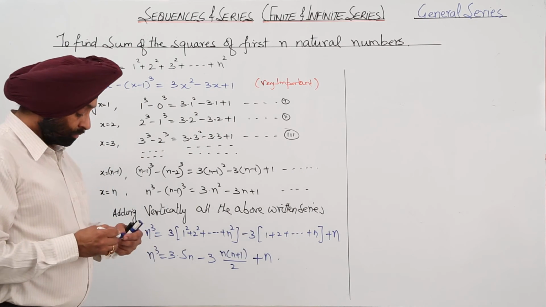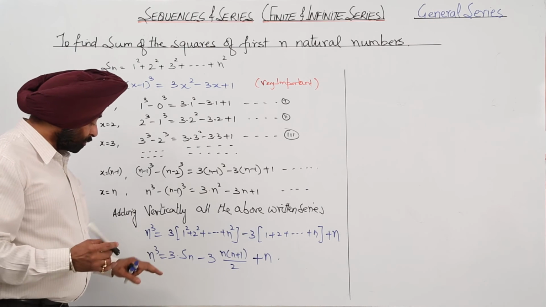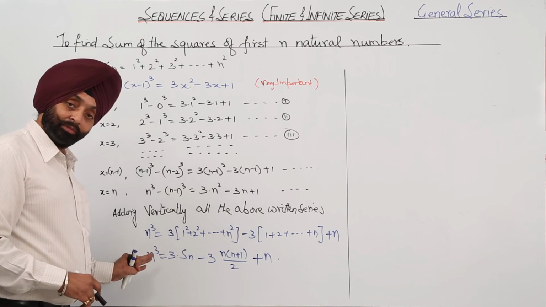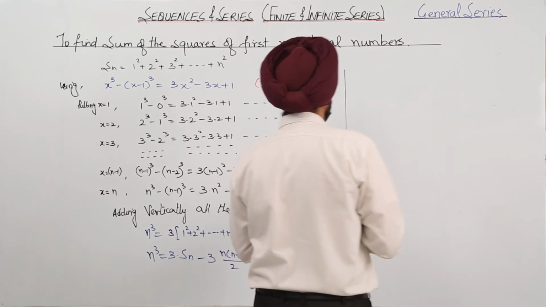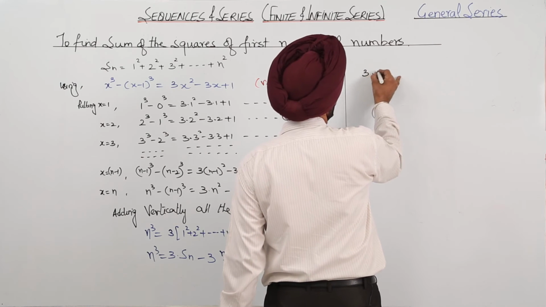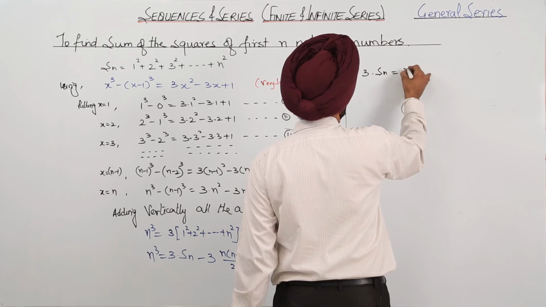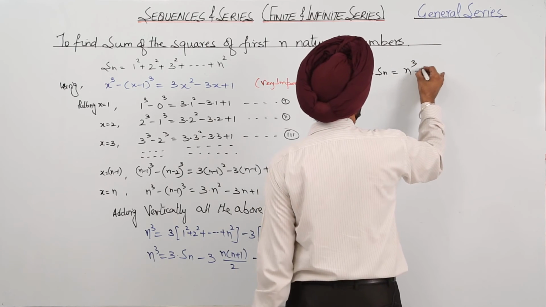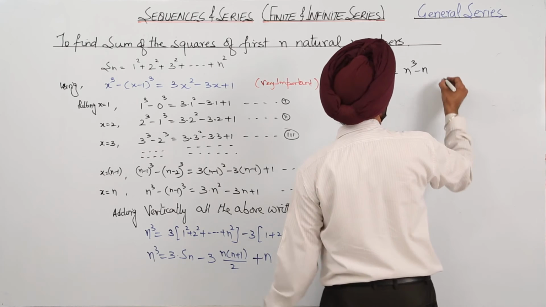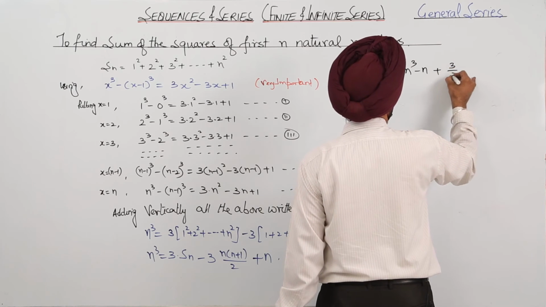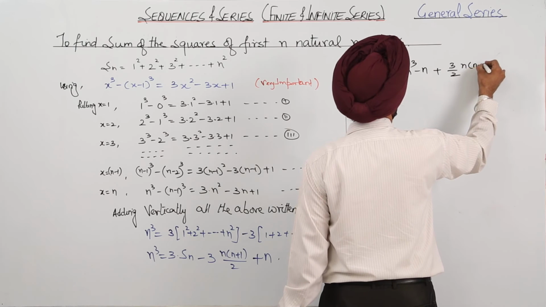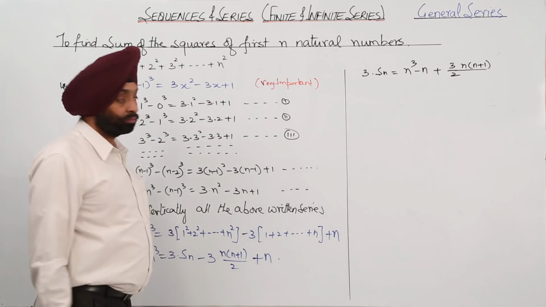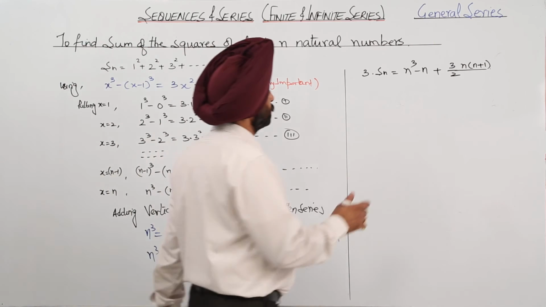Keeping Sn on one side and the other terms on the other side, we get 3 times Sn equal to n cube minus n plus 3 upon 2 times n times n plus 1. We are left with this part. Is it clear?